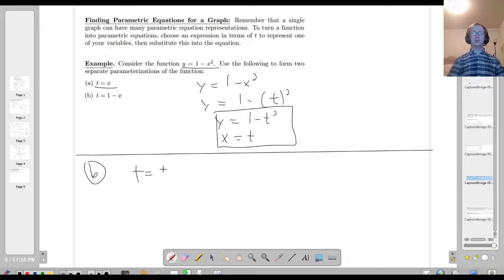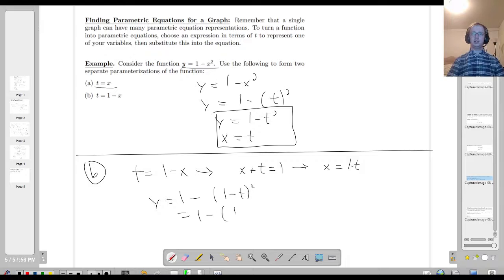Okay, well if t equals 1 minus x, then let's solve that for x. So I'll add x to both sides. I'll subtract t from both sides. That means x equals 1 minus t. So let's plug that into this equation. 1 minus x squared, well x is 1 minus t.